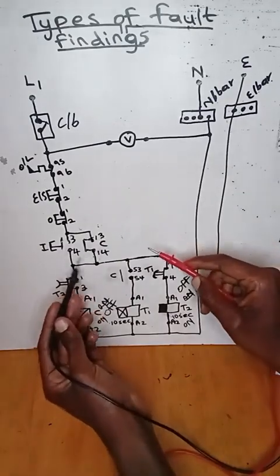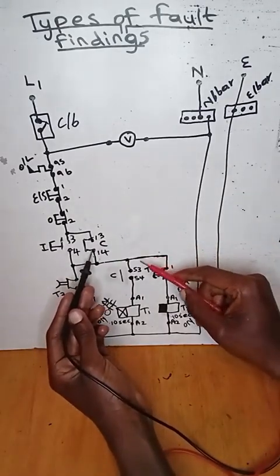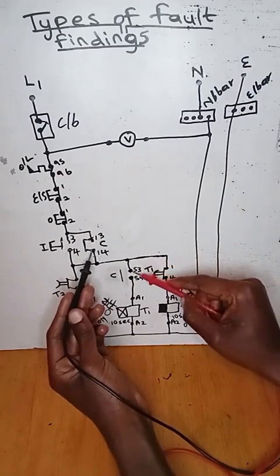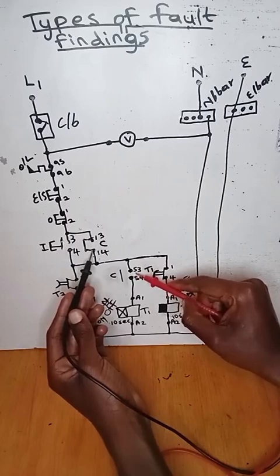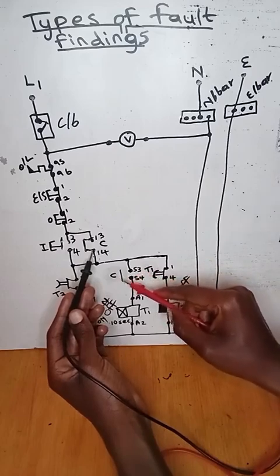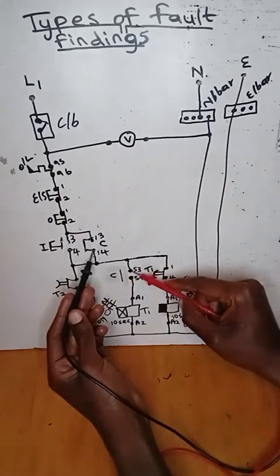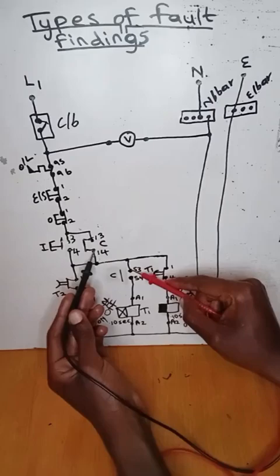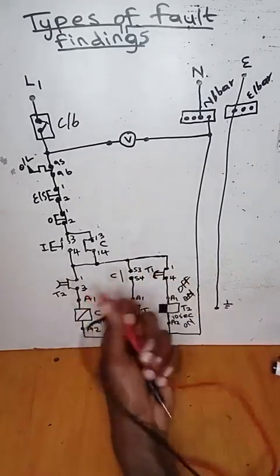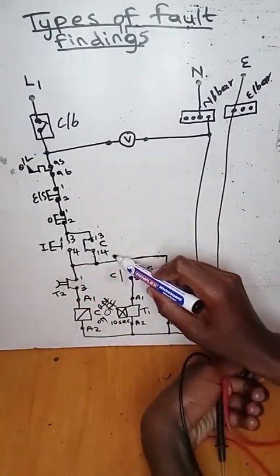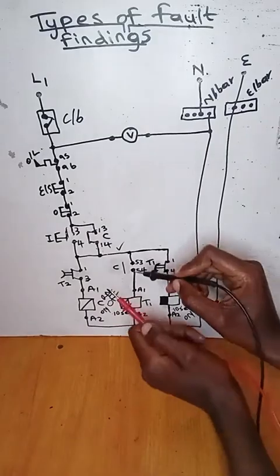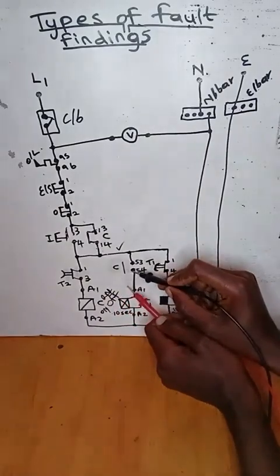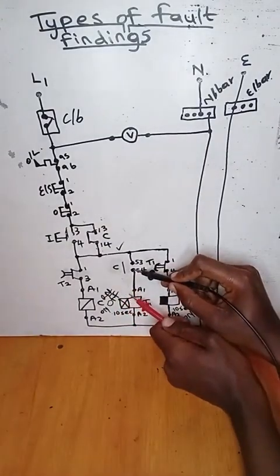So you test from the out of the retainer, which is number 14, to number 53, which is the in point of the normal open contact of a contactor. And if it beeps, it means this wire is correct, right? So you test from the output of the normal open contact of a contactor, which is number 54, to A1.